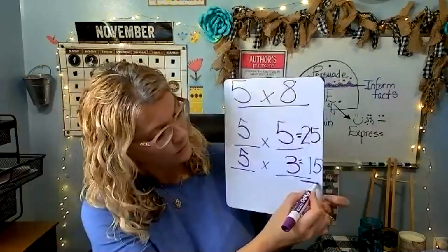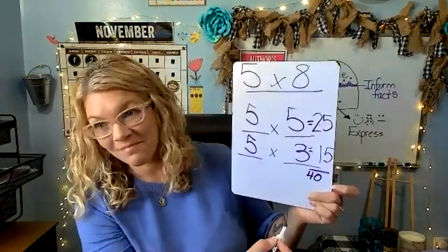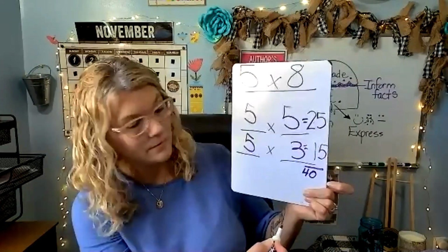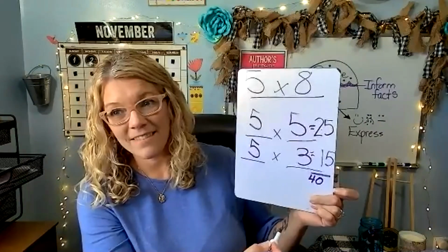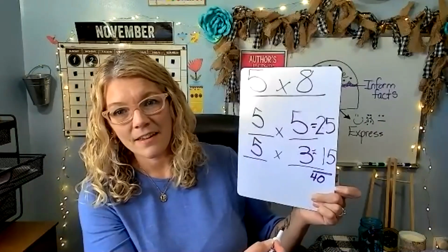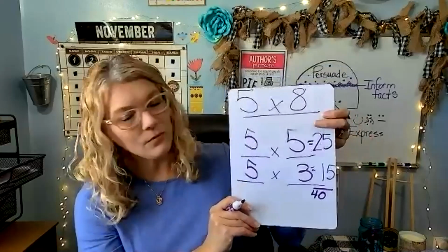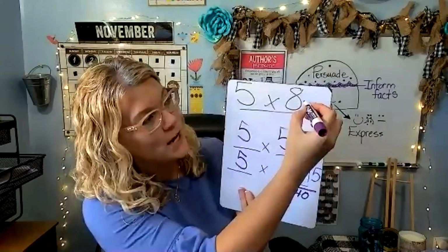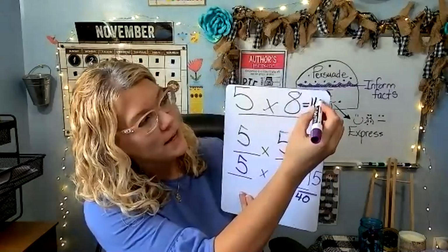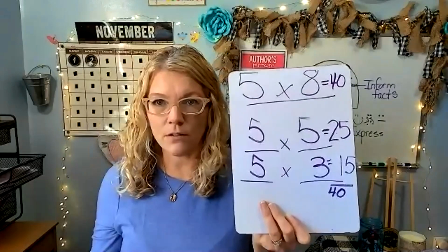And then I put the 0 down underneath the 2 5s, and then I put the 1 up top from the 2 and the 1. And then I got 4 because I counted 3, and then I got another 1, so it was 4. So 40. That is a wonderful way to explain your answer. Good job, Janessa. So we can say that 5 times 8 is 40.